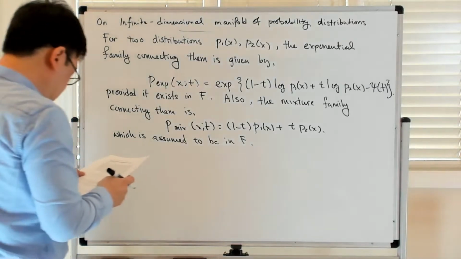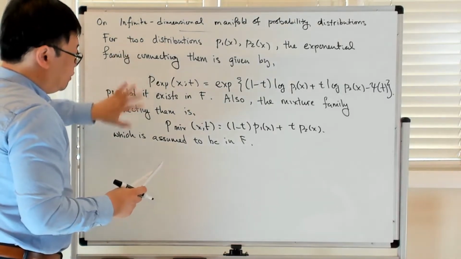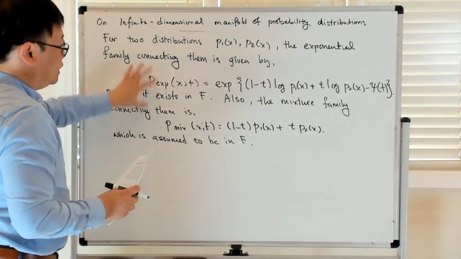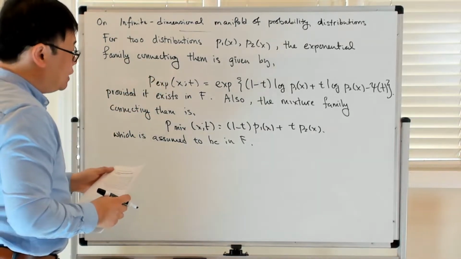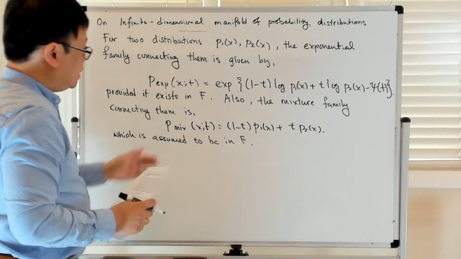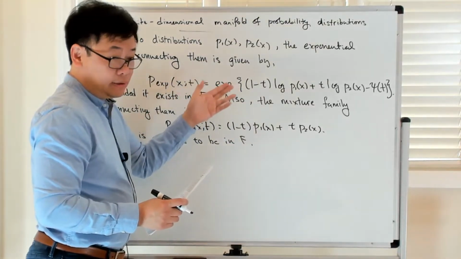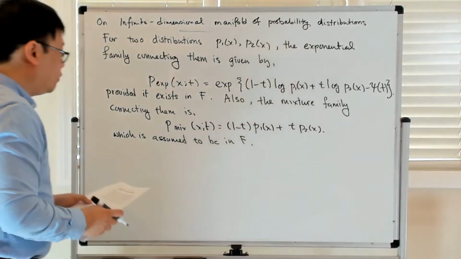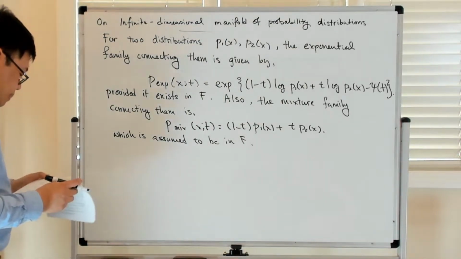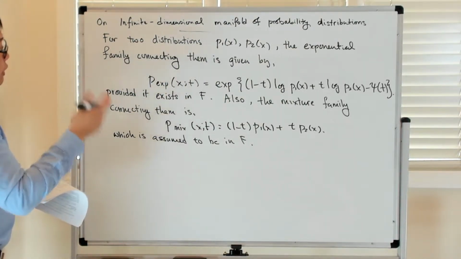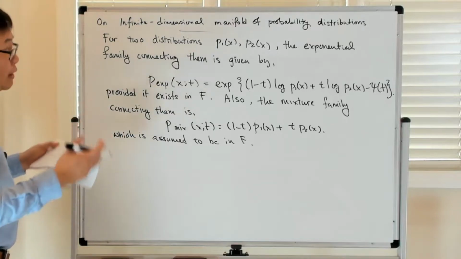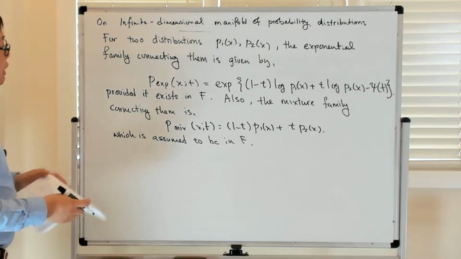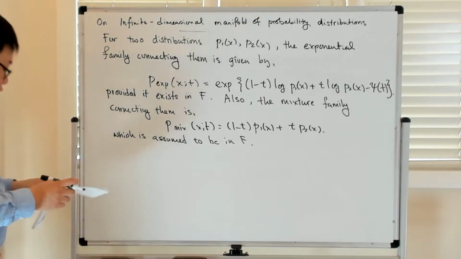So with this type of structure, which is again in direct analogy to what we had in the space of discrete probability distributions, this is the obvious analog of what we had before. Then you can endow this infinite dimensional manifold of probability distributions with the structure of both an exponential family and a mixture family.